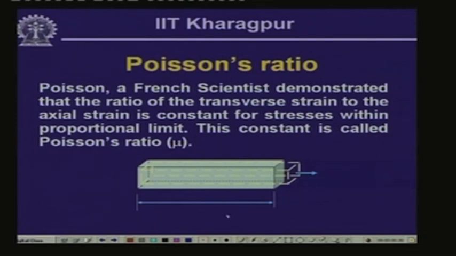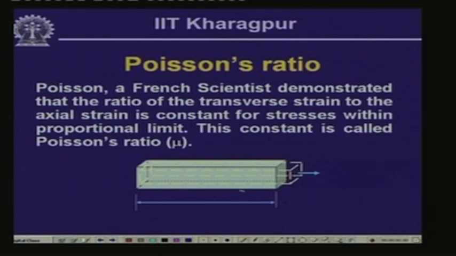If we remember, last time we discussed that if a body is held at this end and subjected to an axial pull by axial load P, eventually this bar extends or elongates, and this elongation we had indicated by delta, and thereby there is contraction on the other sides.